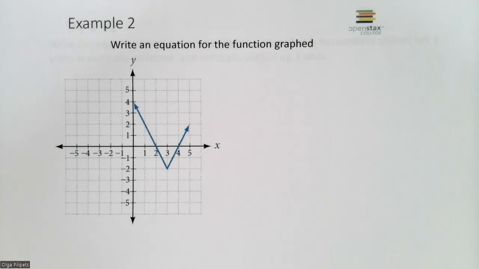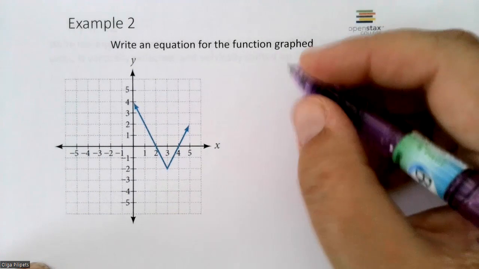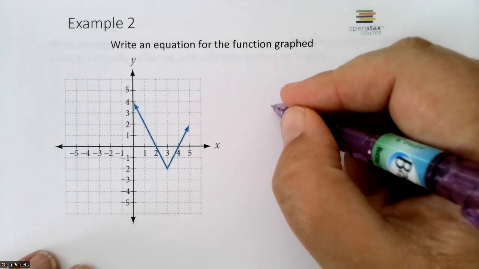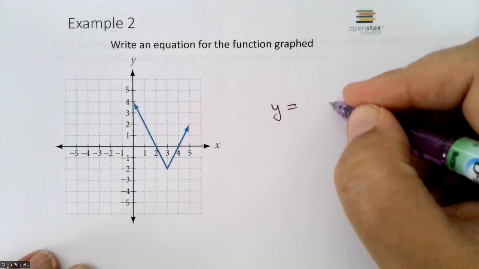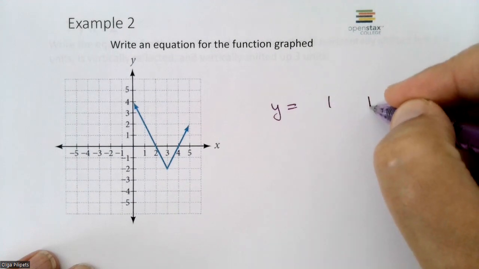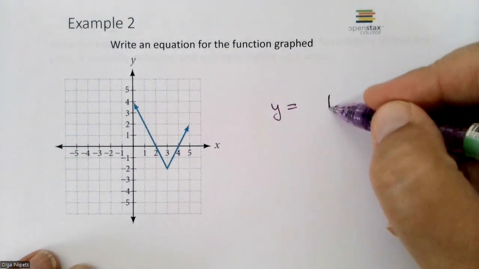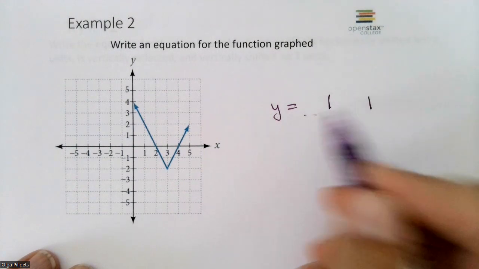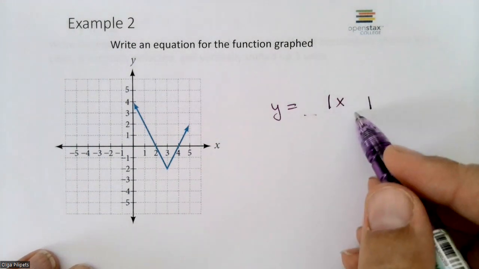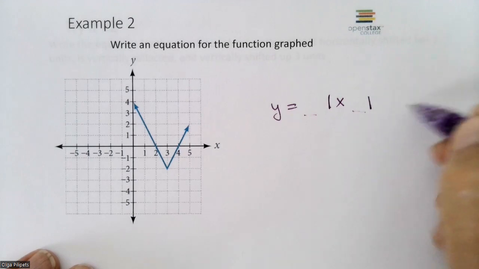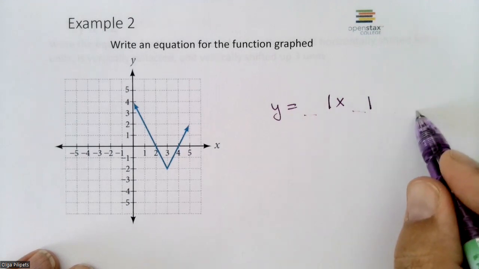Okay, so here's a challenge now. Write an equation for the function graph. So we're not given any information. Let's figure it out. So we have y equals the absolute value function, and we need to figure out if it's stretched, if it's moved horizontally, and if it's moved vertically.